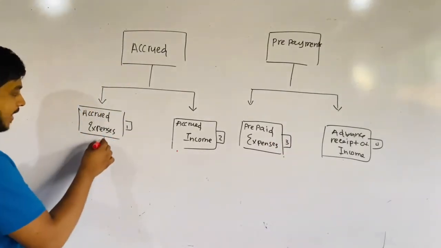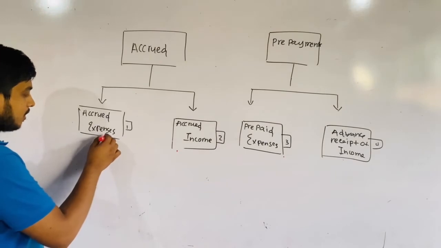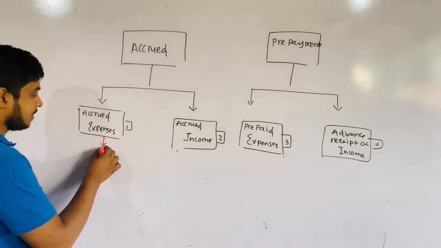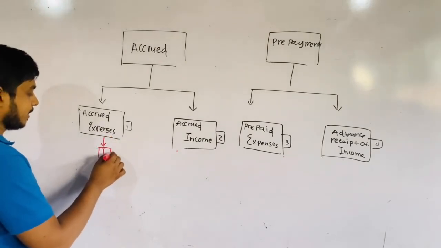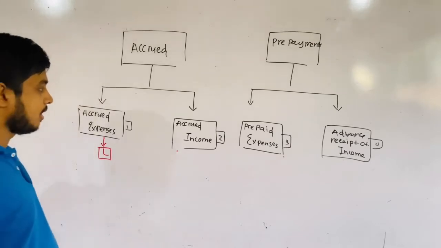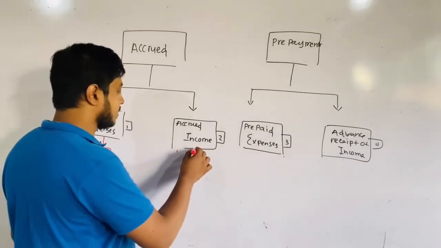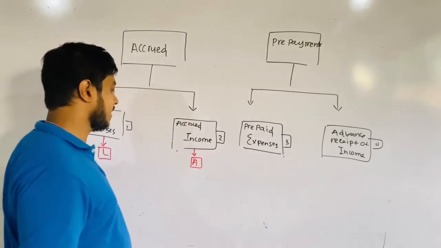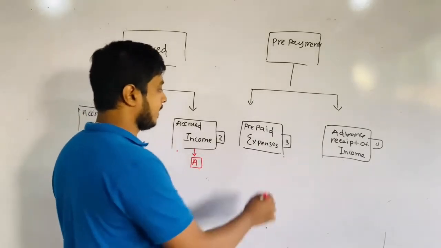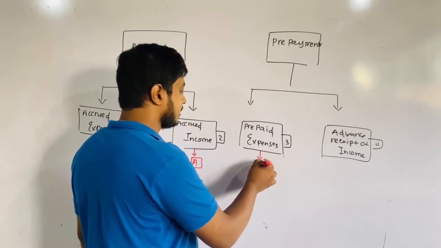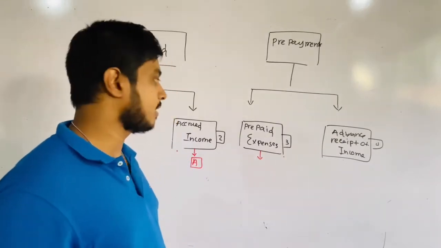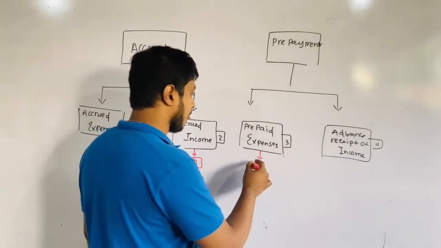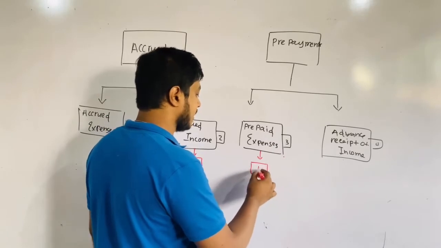Therefore, I can categorize accrued expenses as liabilities. Then accrued income as assets. Then prepaid expenses can be classified as assets.